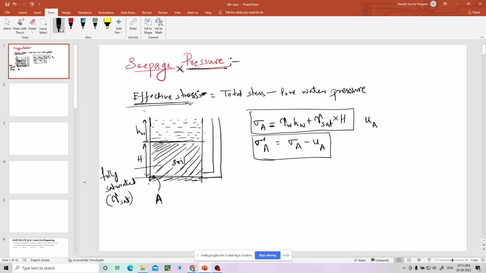Can you tell me the pore water pressure? Gamma W into capital H plus small hw. Yeah, this is the pore water pressure. Now can you tell me the effective stress?